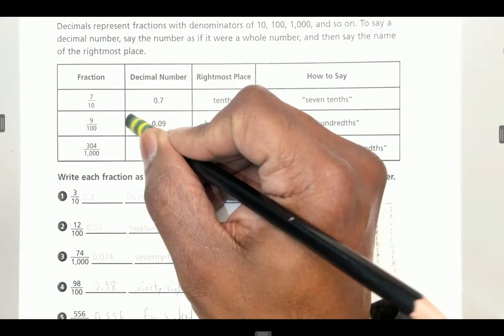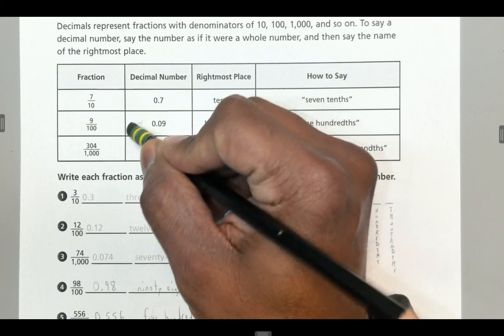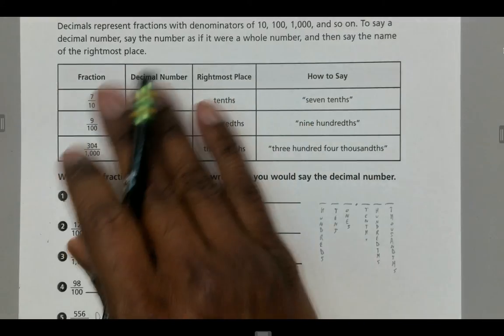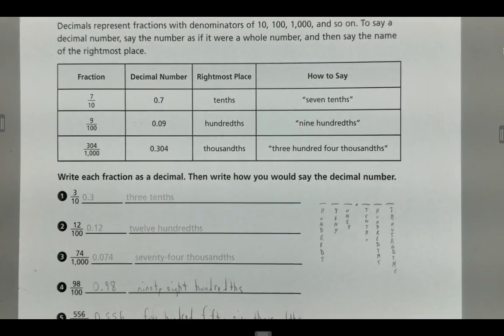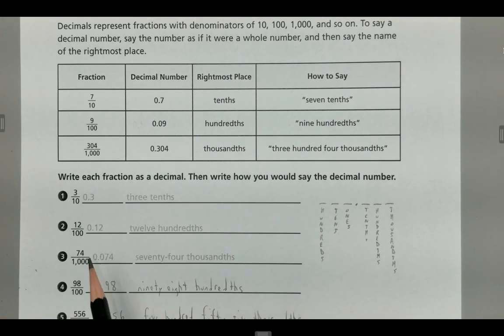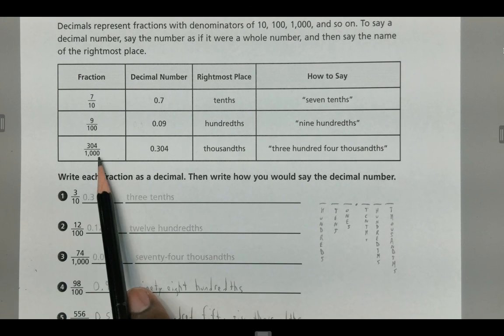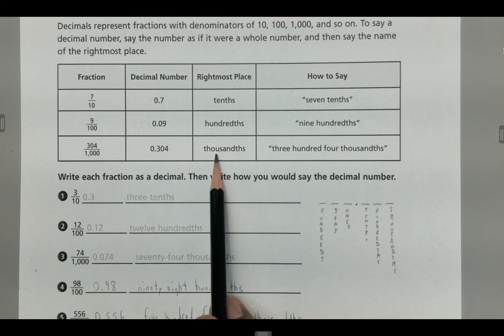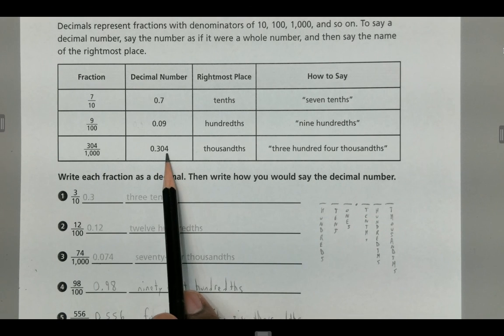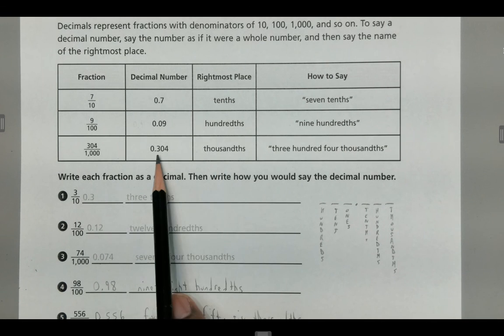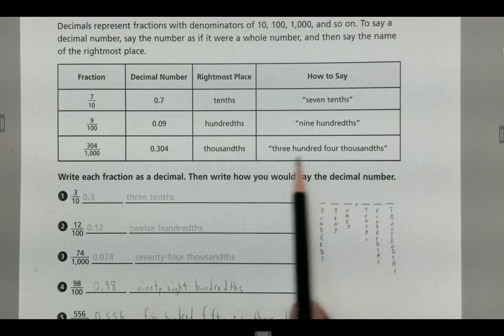So it's very important that when we're expressing decimals, we really understand the place value and which place value we are using. Back to this bottom row, 304. The 4 is the rightmost digit. That is in the thousandths place. So I say the name of this as 304 thousandths.